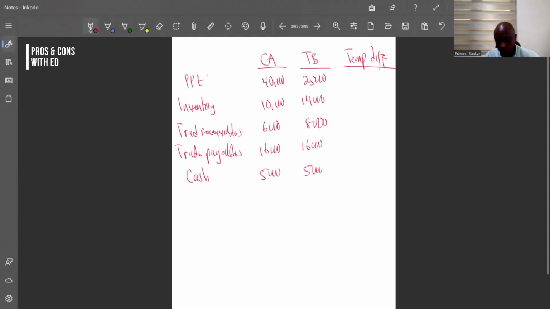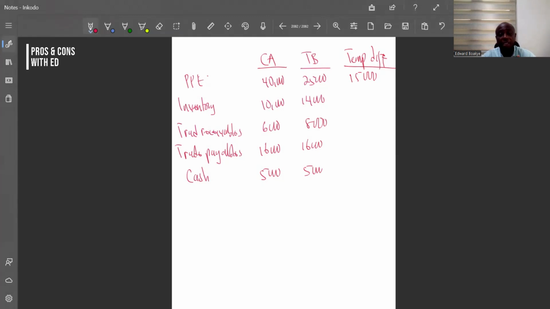So for our temporary difference, if you look at our PPE, the tax base is lower than the carrying amount. It simply means we are getting what we call a taxable temporary difference, as we earlier explained. So a taxable temporary difference of 15,000. When we come to our inventory, we can see that the tax base is higher than the carrying amount.